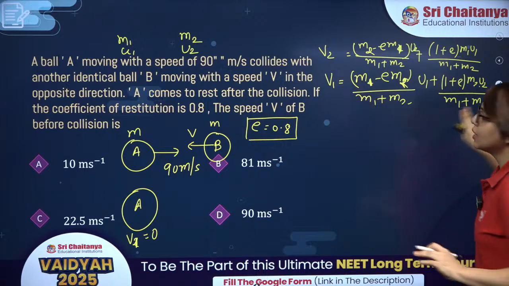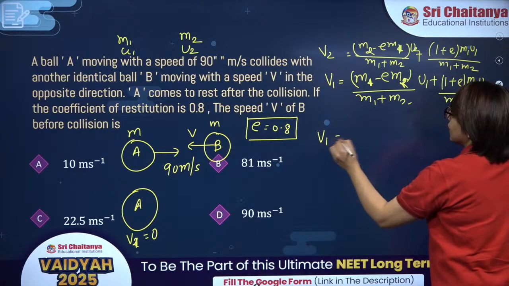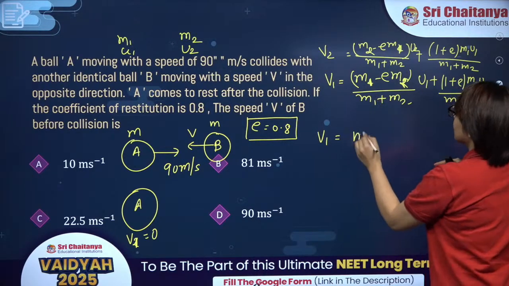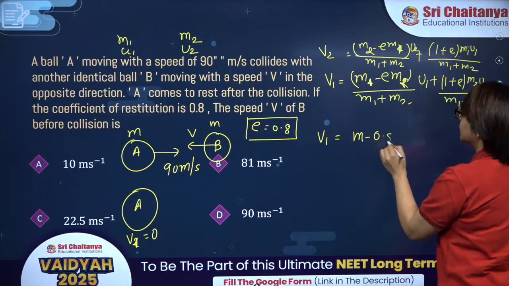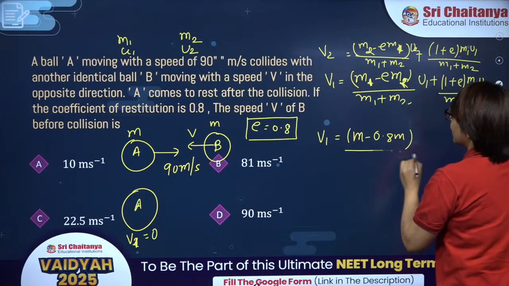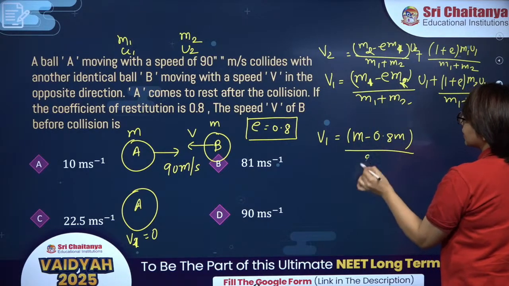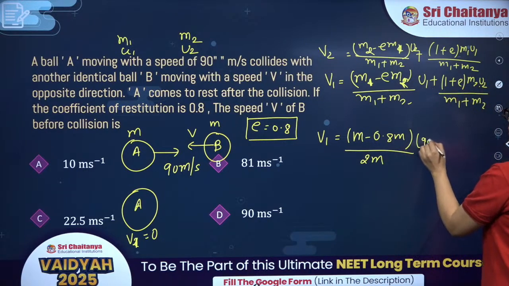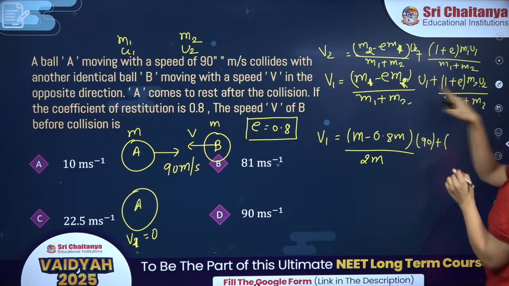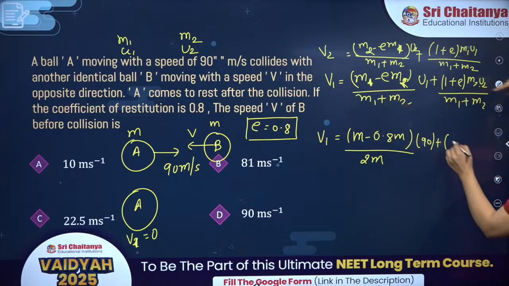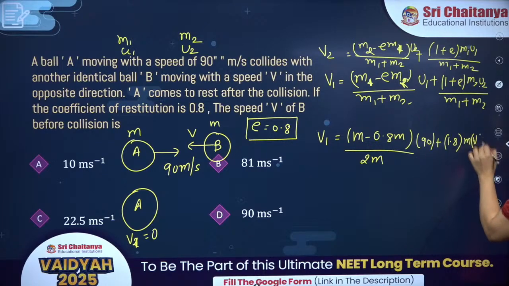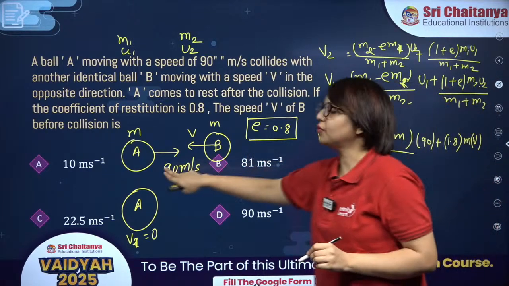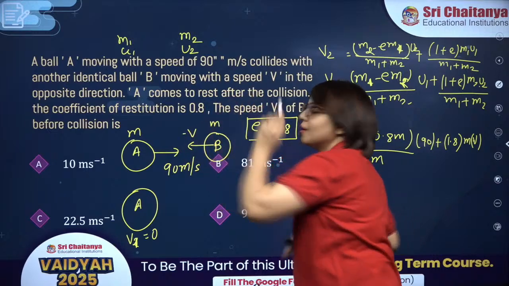Chaliye. So over here v1 will be m1 is m minus e, which is 0.8, m2 is m, divided by m1 plus m2, which is m plus m, 2m. u1 is given as 90, plus 1 plus e, which is 1.8, m2 is m, u2 is v, but we will have minus v because it is moving in the opposite direction of A. So its velocity will be minus v.